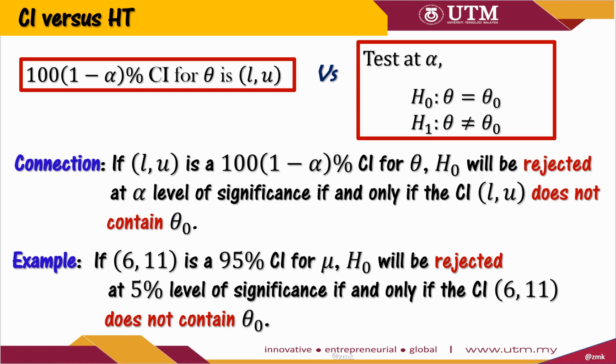Then we will reject H0 at 5% level of significance because the confidence interval (6, 11) does not contain the value 12. However, if mu naught is 9, say, then we will not reject H0 because the confidence interval (6, 11) contains the value 9. So that is the connection.